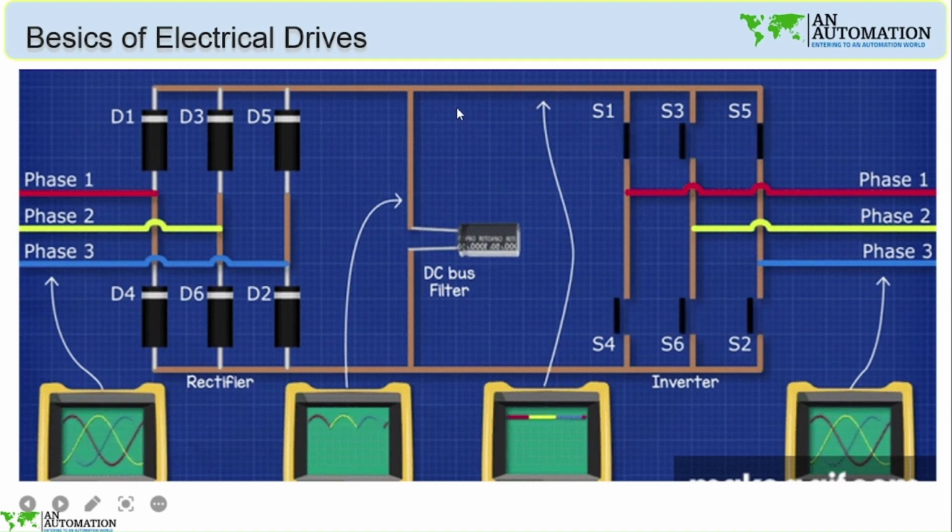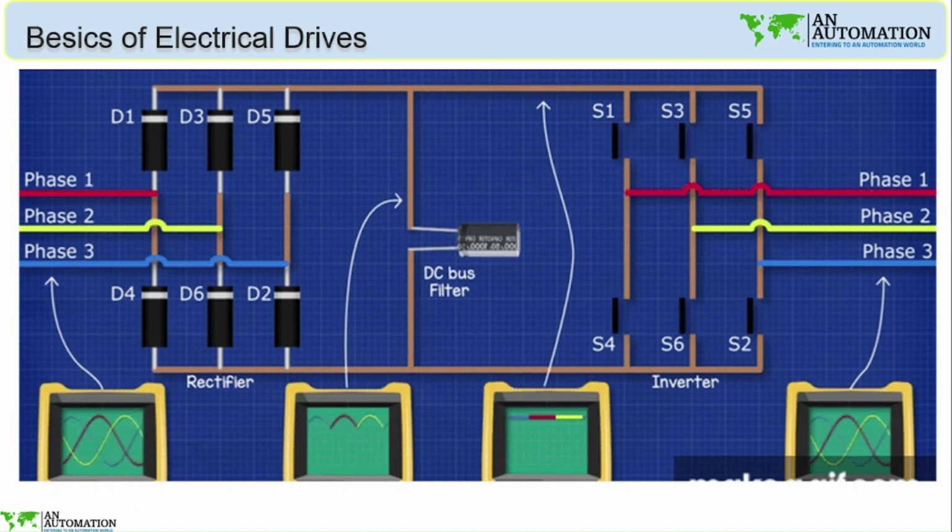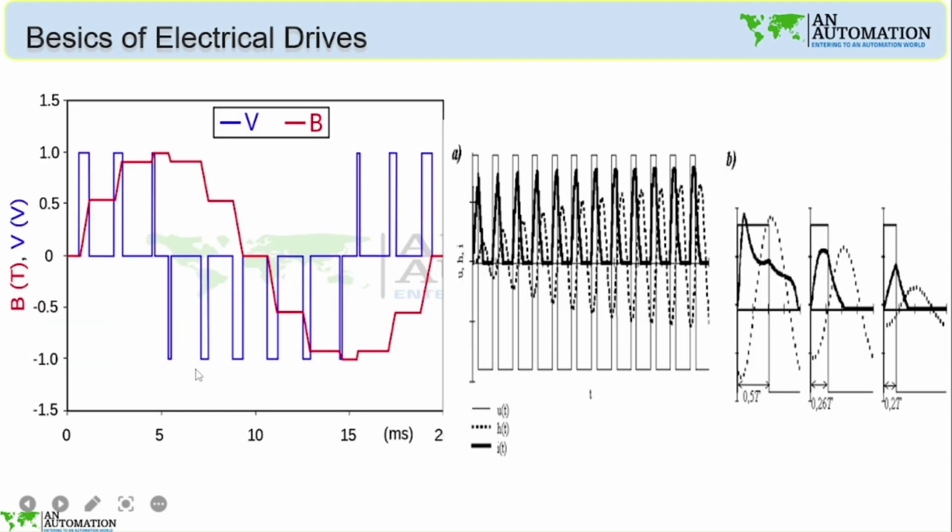After filtering, we directly inject this DC supply to the switching unit, which is the IGBT unit, and we get the PWM or RMS AC supply to control the motor. Okay, so after getting the PWM or square wave format AC, we can see how we can control the pulsating.